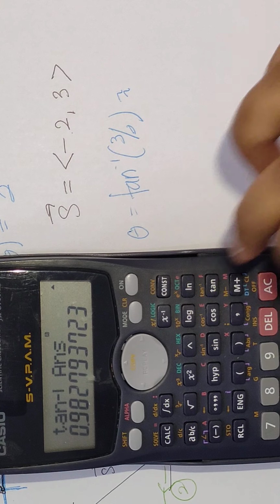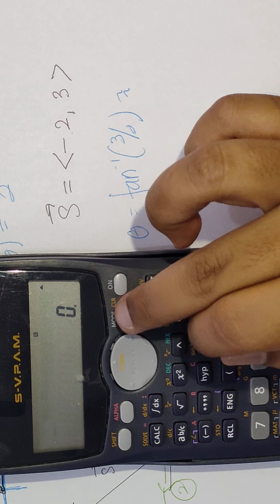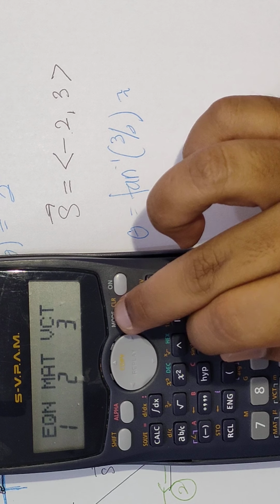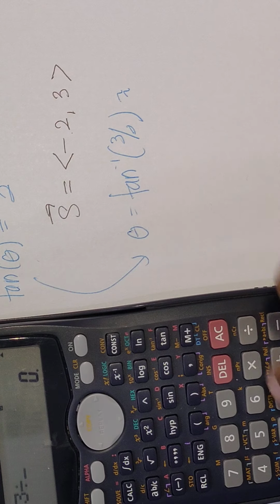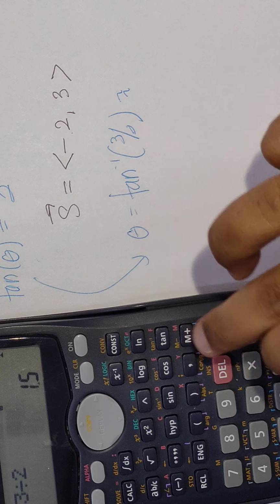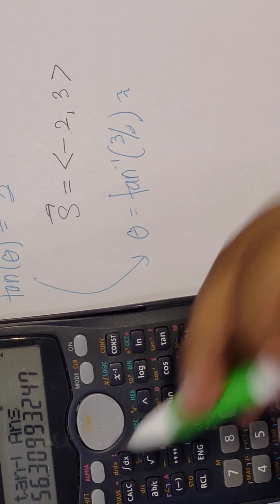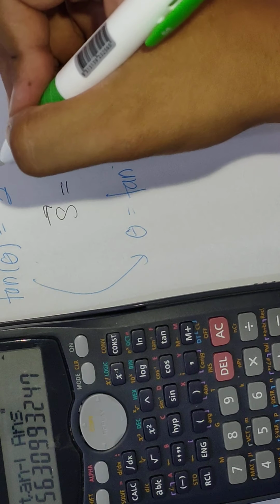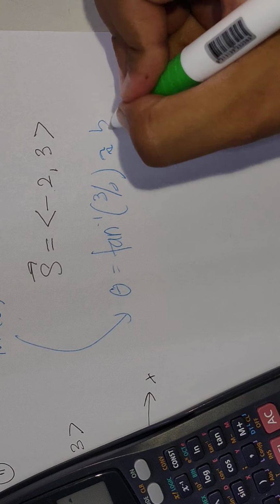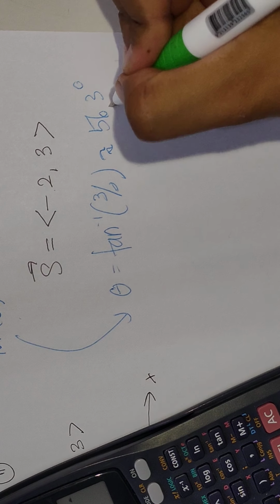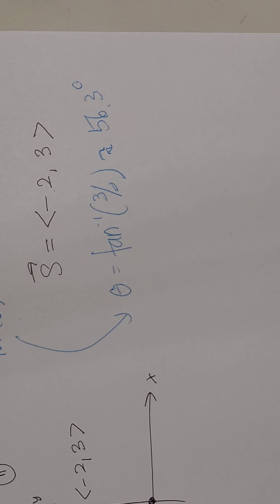You do it back, change the mode to the degree mode. Okay, back 3 divided by 2 inverse tangent, then it will be 56. Approximately it is 56.3 degrees.